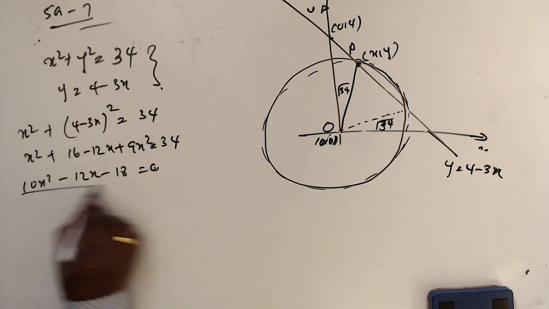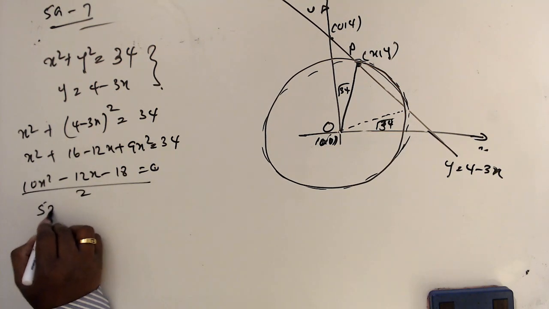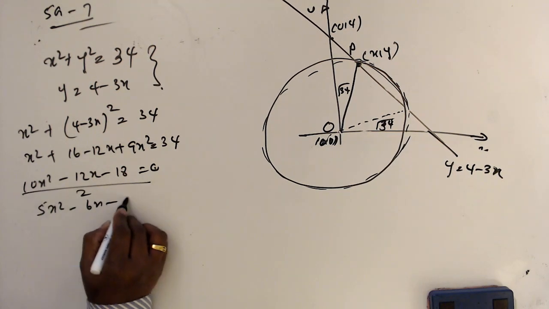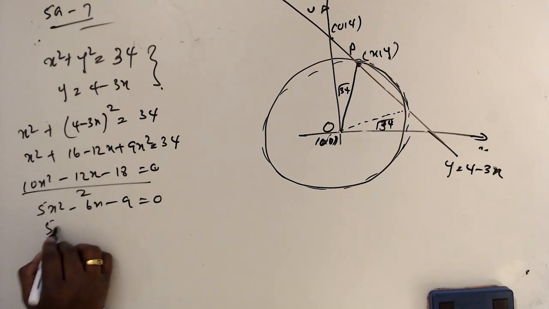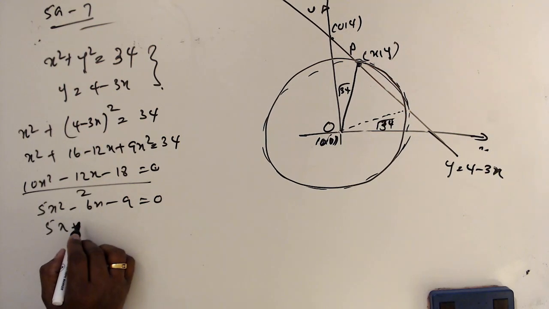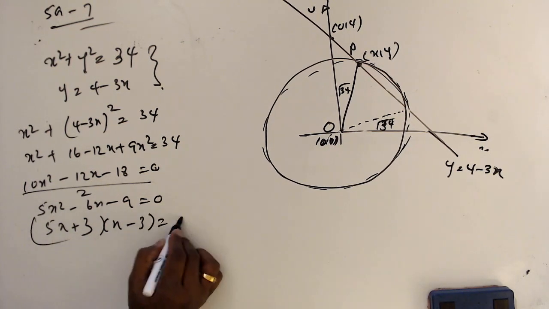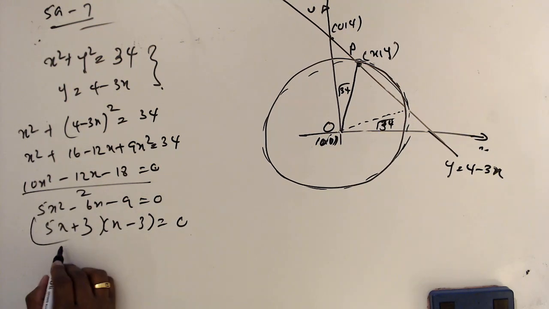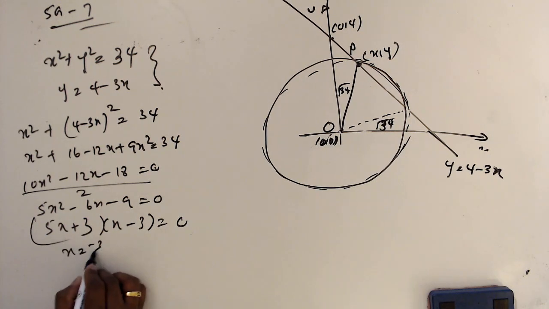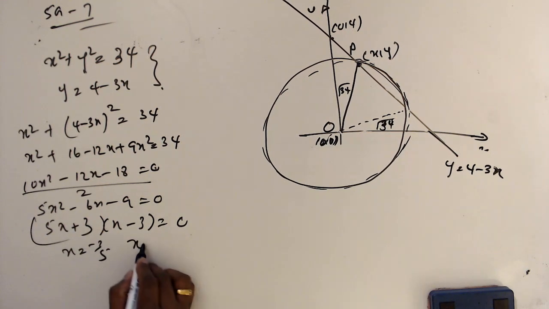Now I divide by 2: 5x squared minus 6x minus 9 equals 0. (5x plus 3)(x minus 3) equals 0. Then x equals minus 3 over 5 and x equals 3.